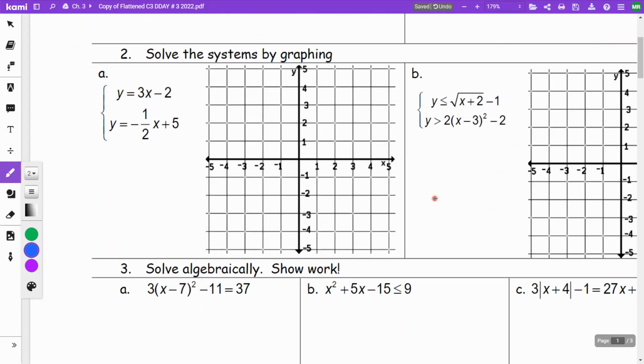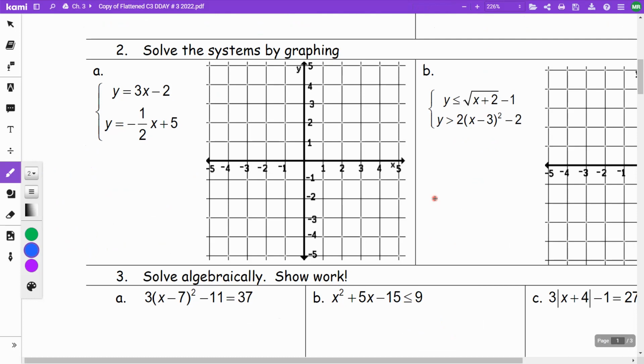Okay, on to solving a system, and I'm doing it with graphing. So this one here, I'm going to do it in blue. So my y-intercept is a -2.